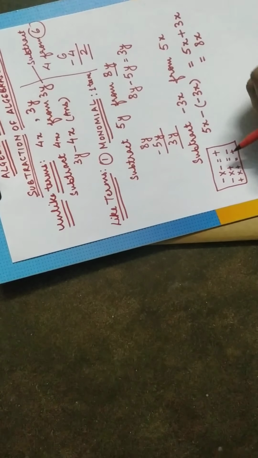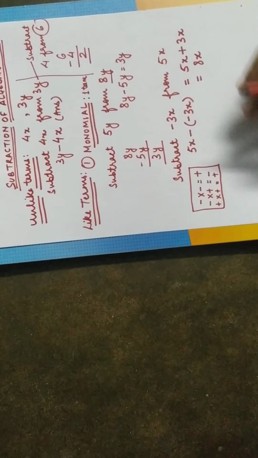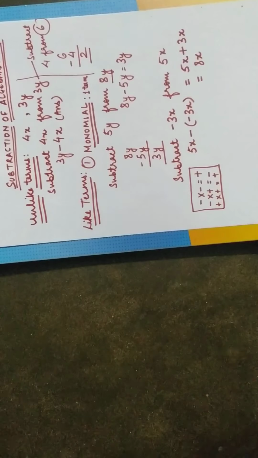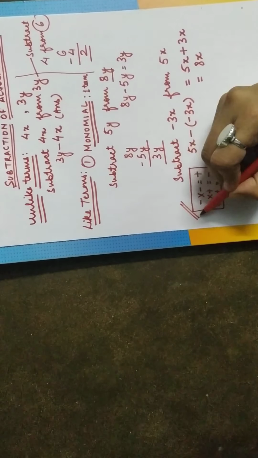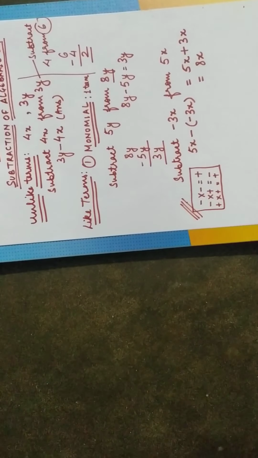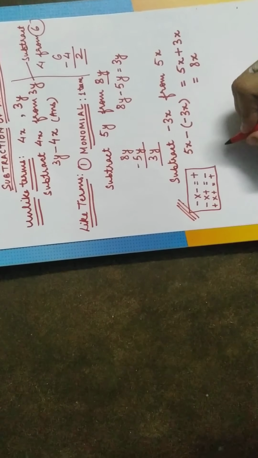If both are the same, then plus is the answer. I hope this is clear, how to subtract the positive terms and how to subtract the negative term. This you have to keep in mind. It is very important. If you want, you can note it down somewhere so that you can refer to it whenever it is required. Let us take another example.